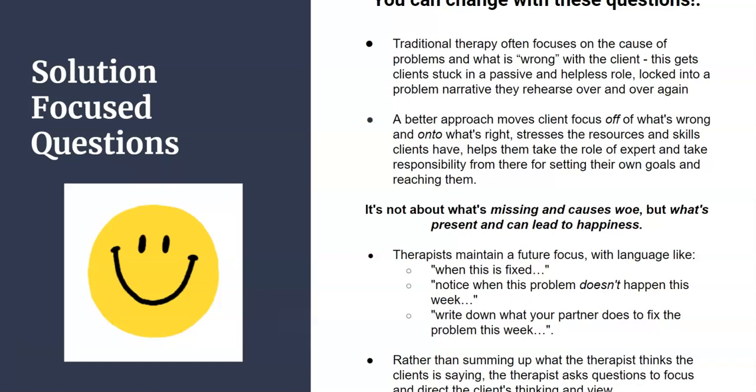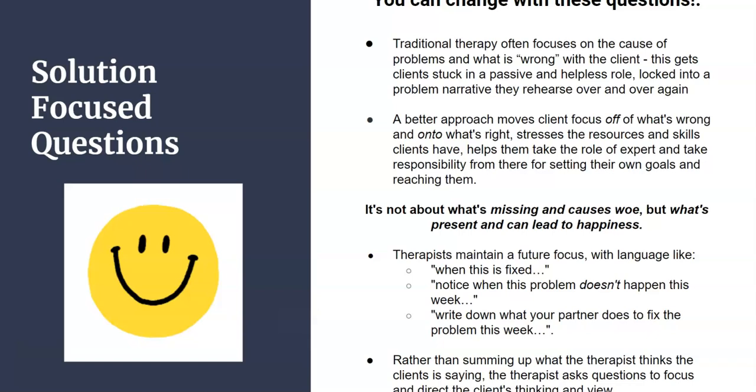Another way is focusing on when the problem doesn't happen during the week. So let's say a client is dealing with anxiety. Well, we know for a fact that a person cannot maintain an anxious state 24/7. So there's going to be times where there's less anxiety. And so focusing on the times where the symptom or the problem isn't as intense or acute, we can then reflect on, well, what's different during those times that alleviate some of the anxiety or the problem.